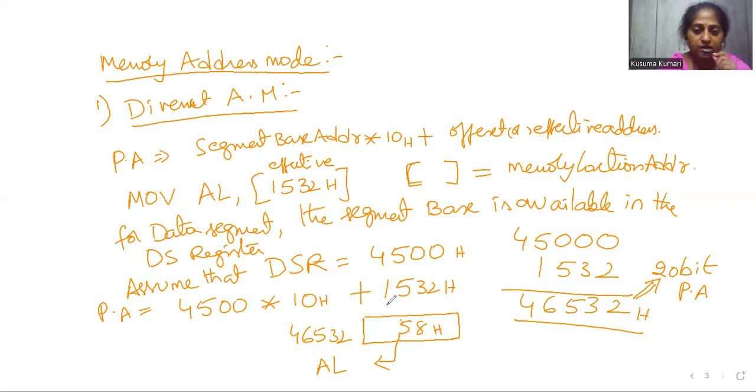With this physical address, the microprocessor identifies one memory location, and whatever data is available in that memory location is transferred to AL. So after execution of this instruction, AL contains 58 hexa. That is the direct addressing mode.